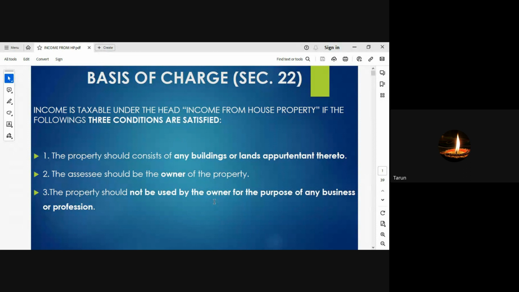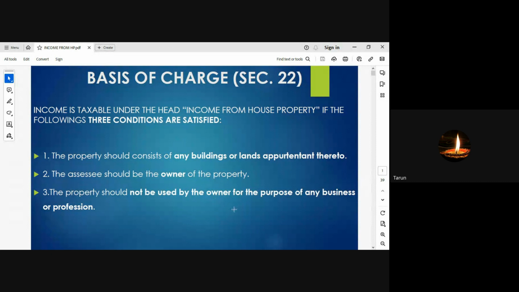The income I earn from this profession is not taxable under house property, because it is taxable under the head income from business or profession, as chartered accountant is my profession. If these three conditions are satisfied, the income is taxable under the head income from house property.